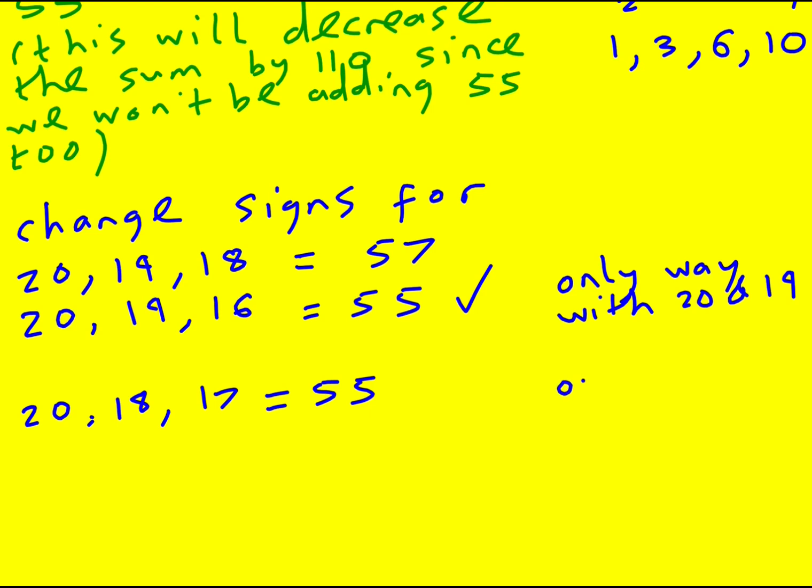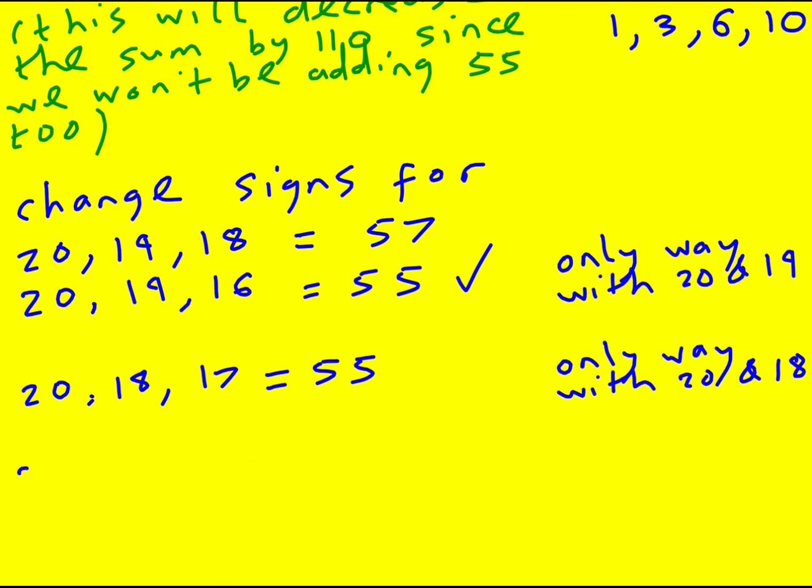All right, it's the only way with 20 and 18. If I go with 20 and 17 as my next one, too small. Okay, I'd have to go with 18, but I'm going down. Too small unless I use 18.